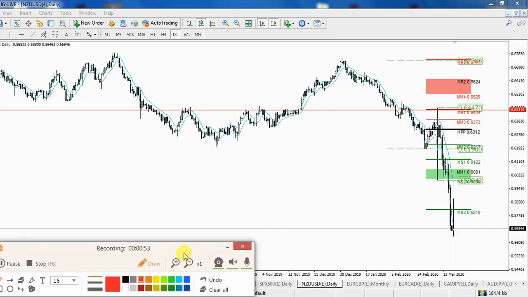The price came down and found support here, then it went up, did these moves, and closed like this. So I do want to see a bit more strength towards the downside, even though the trend is looking strong towards the short side. I do want to see a bit more strength coming into the bearish side.